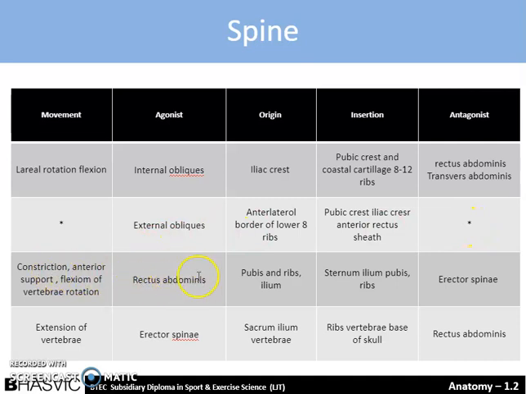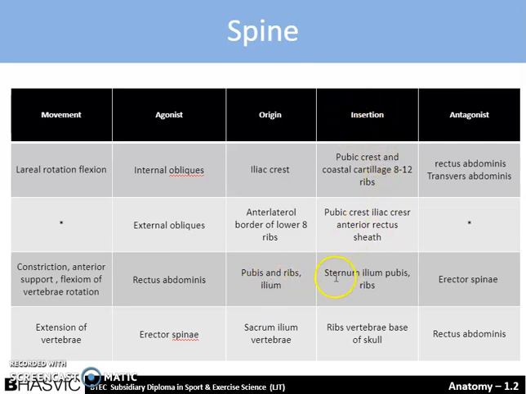The rectus abdominis movement types are compression, anterior support, flexion of the vertebrae, and rotation. The origin of the rectus abdominis is the pubis and the ribs, along with the ilium.